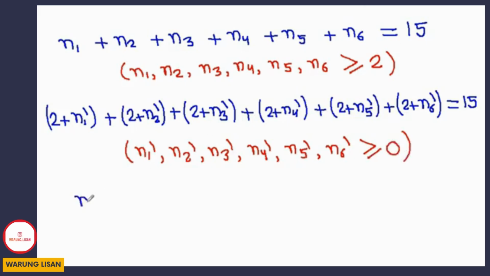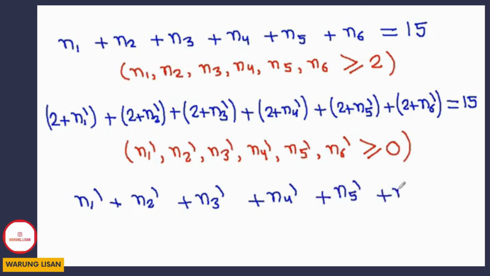So we get n1 dash plus n2 dash plus n3 dash plus n4 dash plus n5 dash plus n6 dash is equal to 3. And now here we can use beggar coin method.